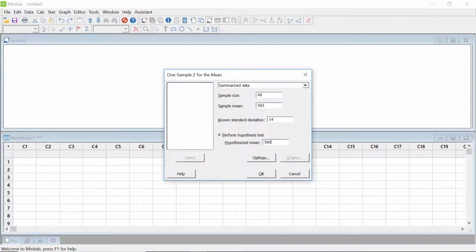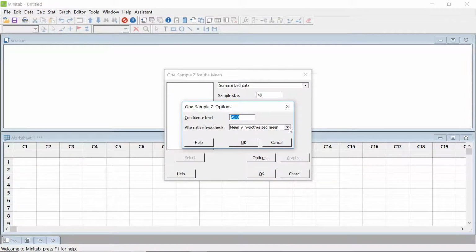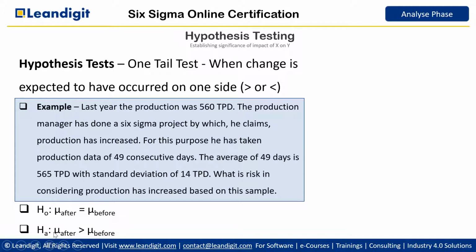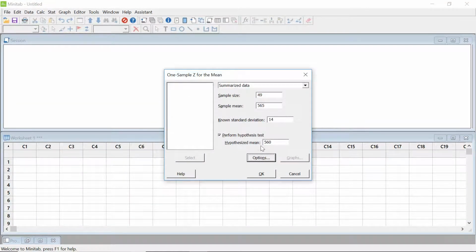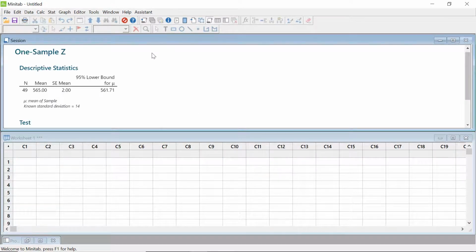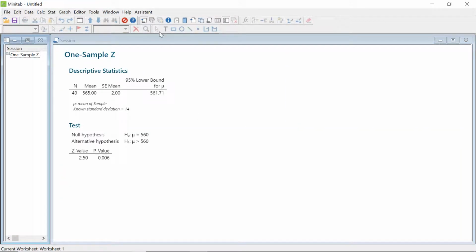So we write 560 tons per day. We are expecting that our mean has increased. So mean is more than hypothesized mean because our alternate hypothesis, mean after is more than mean before. So this is our alternate hypothesis. Click OK.